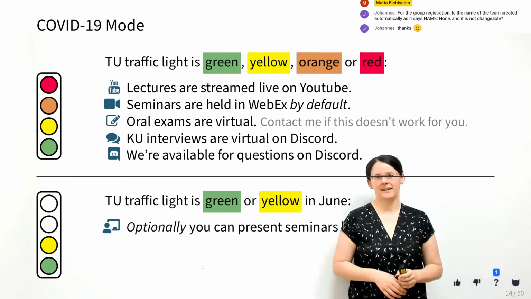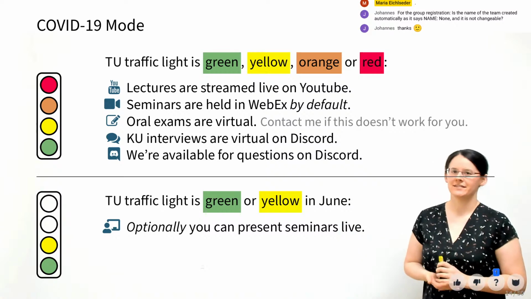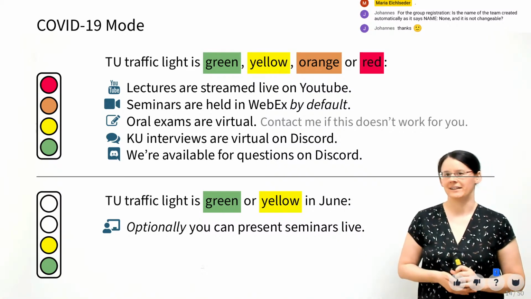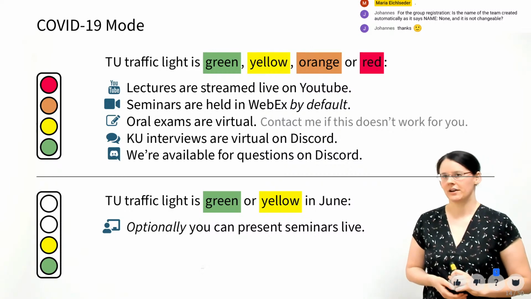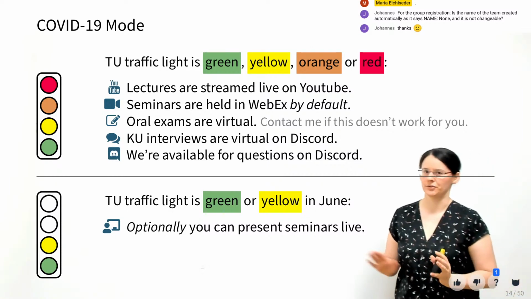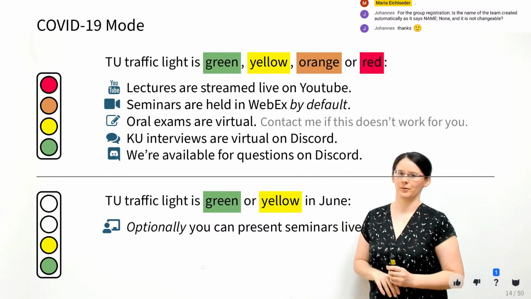If we are very lucky and it turns out that the traffic lights are already back to green or yellow in June, then there are some optional alternatives that you can choose. So you don't have to, you can do everything virtual.